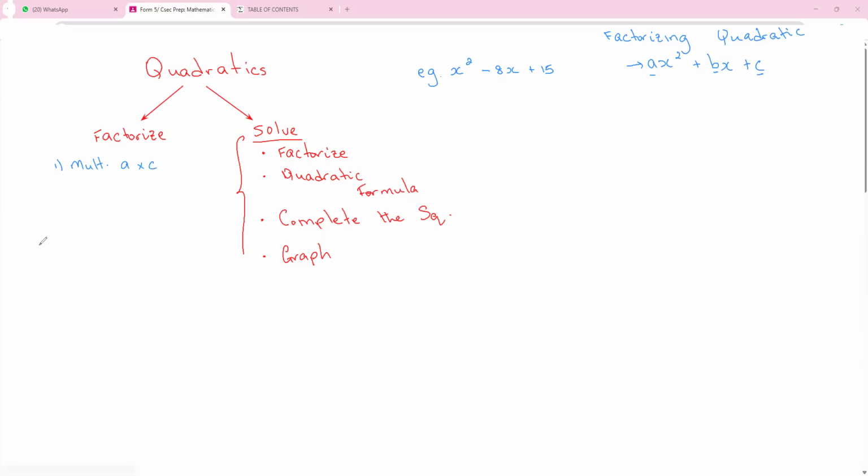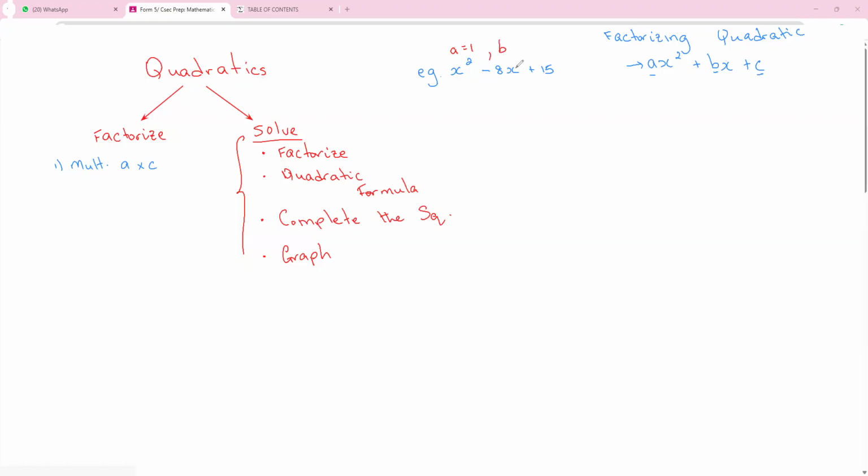So in a question like this, what we'll do is you'll pull out what is a, what is b, and what is c. So in x squared minus 8x plus 15, a is the number in front of x squared. There's no number, so we understand that it is 1.